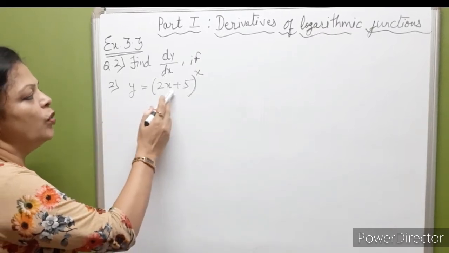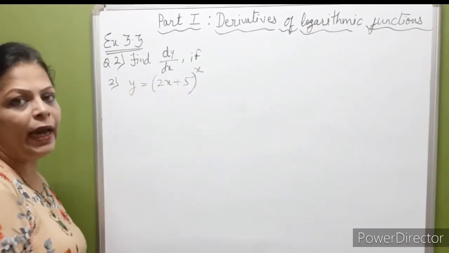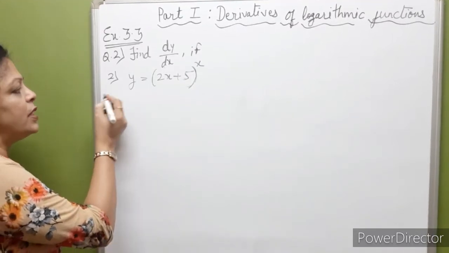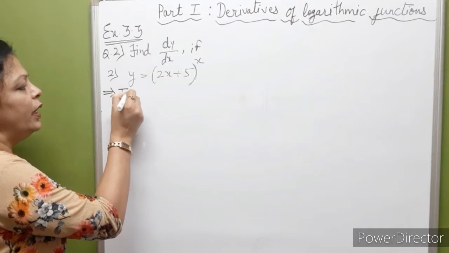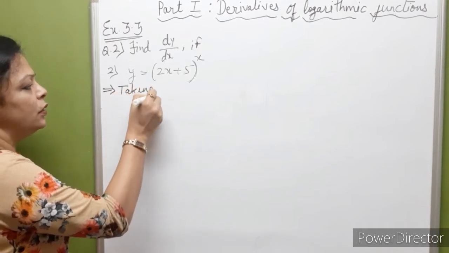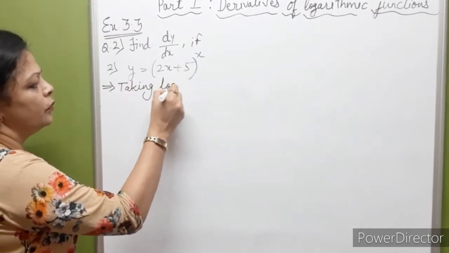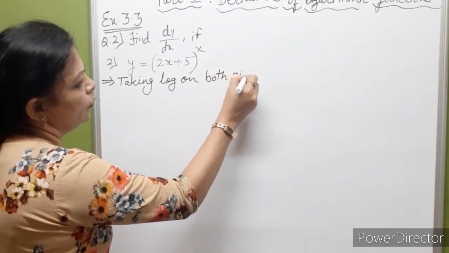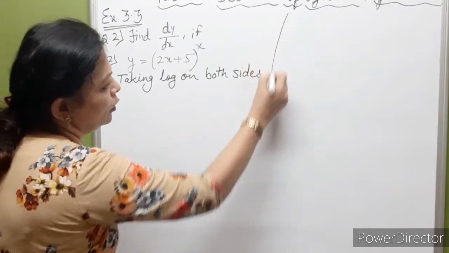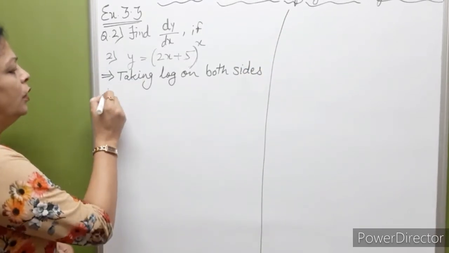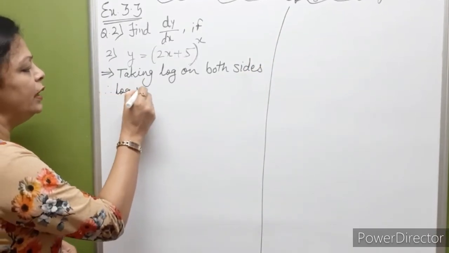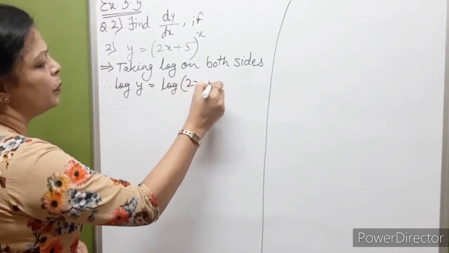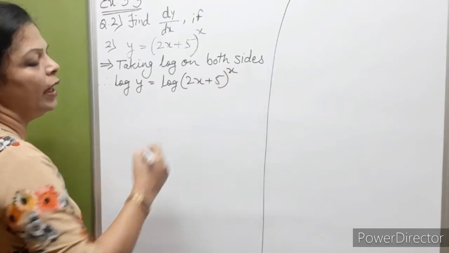y is equal to (2x plus 5) raised to x. So as usual, first let us take the log on both sides. So taking log on both sides, we get log y is equal to log of (2x plus 5) raised to x.